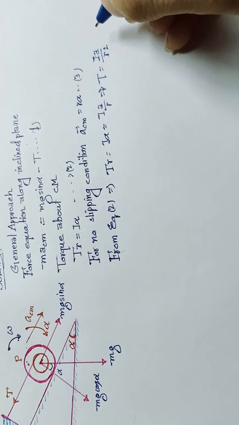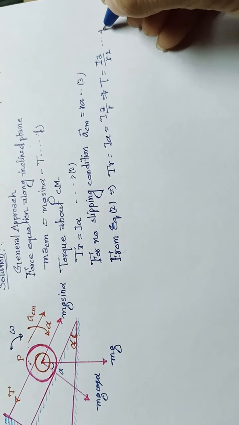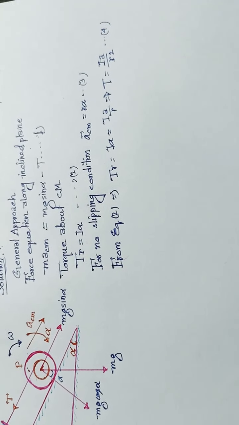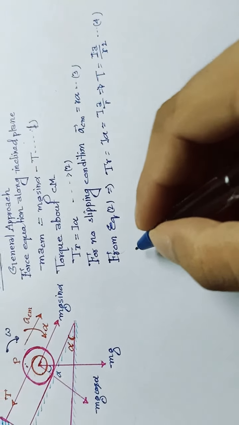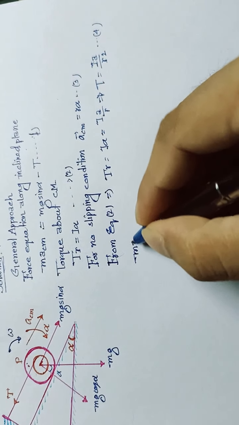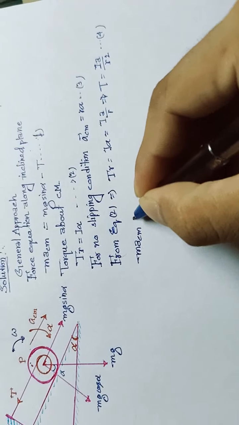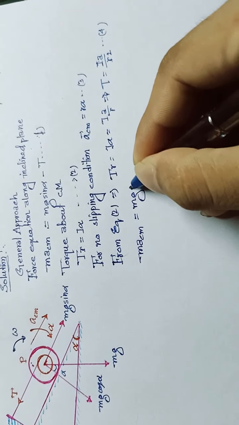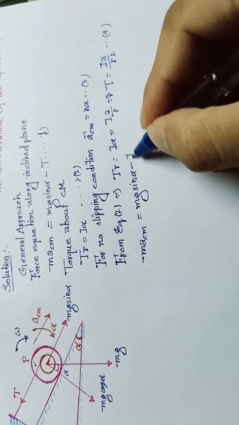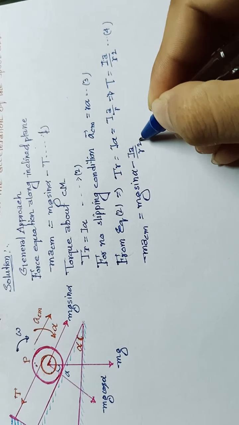Let this be our equation number 4. Now we will substitute the value of T from equation number 4 into equation number 1. Equation number 1 becomes m a_cm equal to mg sin alpha minus T, where T is equal to I a divided by R square.